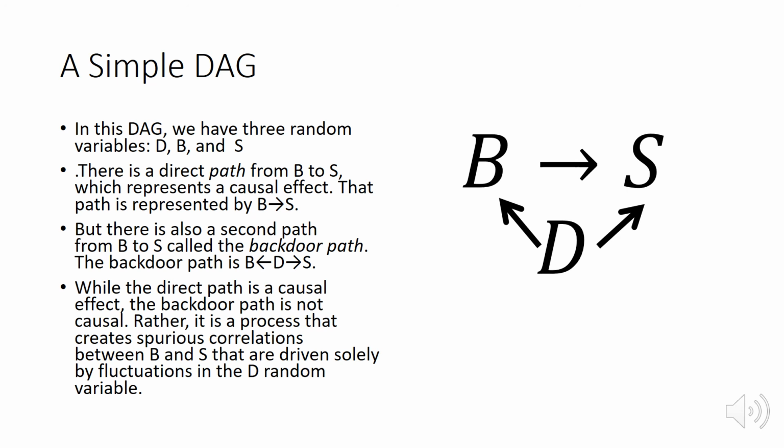We can broadly think of a backdoor path as follows. Sometimes B, whether or not you hit a banana peel, takes on different values. And sometimes S, whether or not you slip, takes on different values. This is true both because hitting a banana peel causes you to slip, so whether or not you hit a banana peel will cause slipping to take on different values.